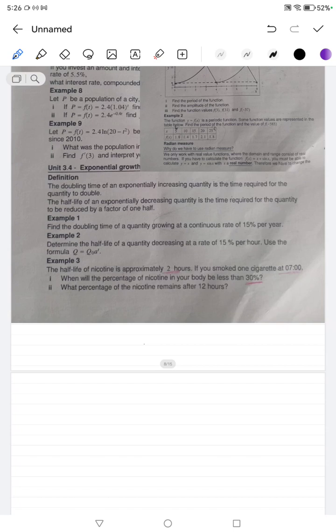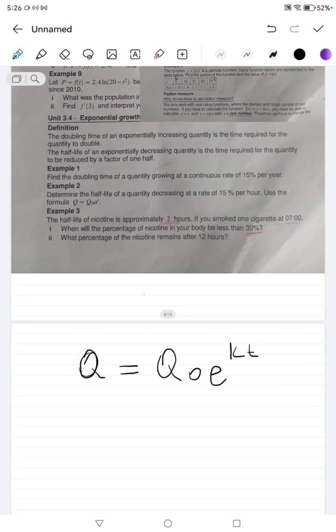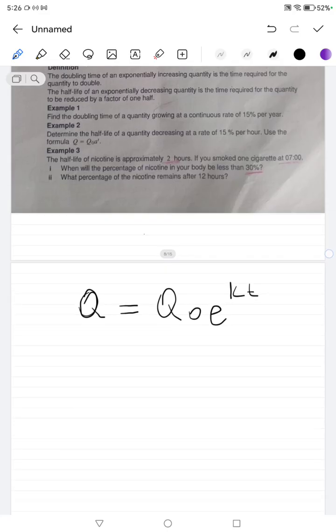The reason they are telling us to use this equation is that this question you can actually do in two ways. You can use this equation that they've given, or you can use the one where Q is equal to Q0 e to the exponent kt. You see? So now what are you going to have if it's something like this?